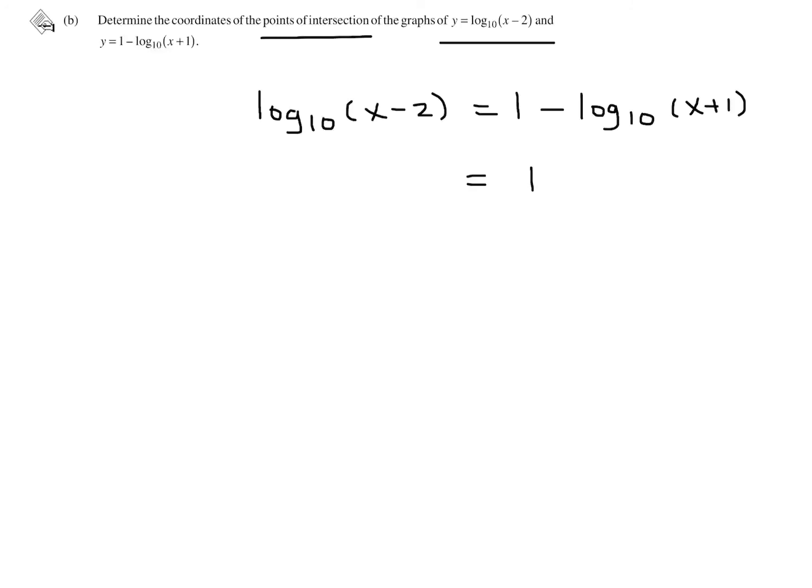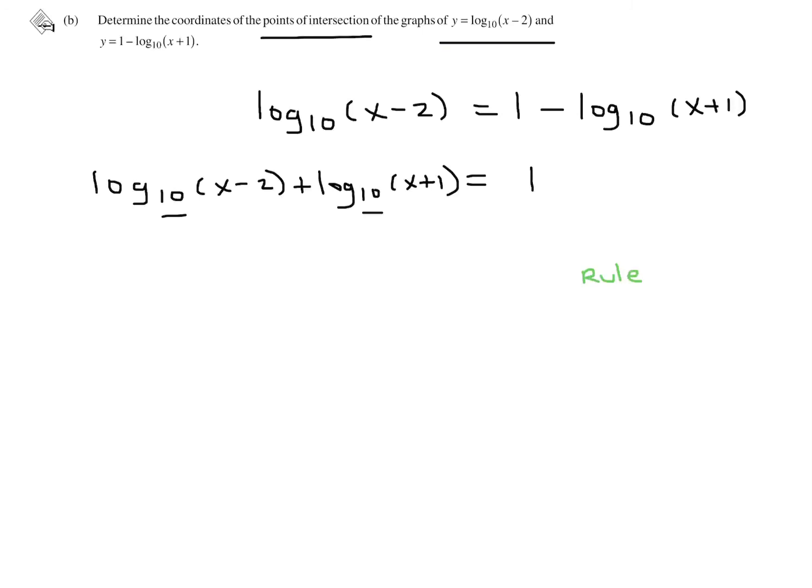And looks like, you bring this over and you get log of (x minus 2) plus the log of (x plus 1). All right, now at this point the bases are the same, so that's definitely helpful. And if you are not familiar, I'll just write on the side one of the many log rules.